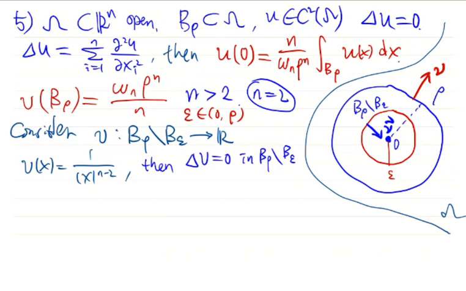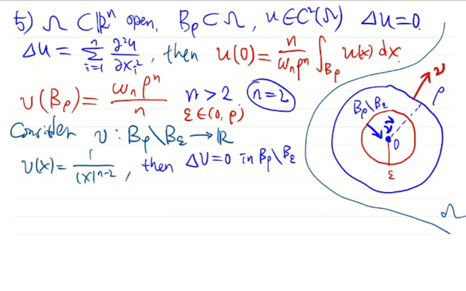The boundary of this domain is the two spheres. On the outer sphere, the outward normal vector points outward. On the inner sphere, the outward normal vector points to the origin, that is inward with respect to the ball of radius epsilon, but with respect to the domain below removing B epsilon, it points outward.